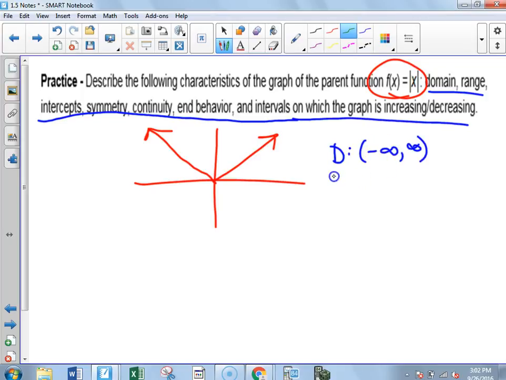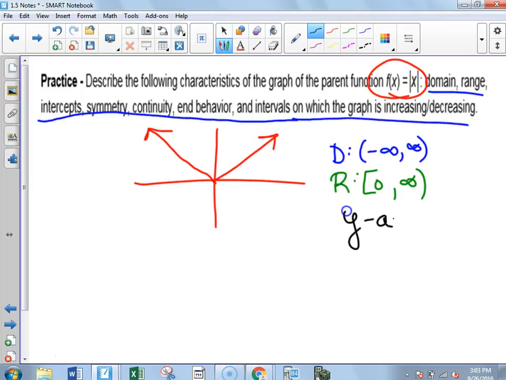Jared, tell me something. Riley, can you tell me something? You can pick any of those if you don't know one. Intercept, symmetry, continuity, end behavior, increasing, decreasing. Remember any of that?